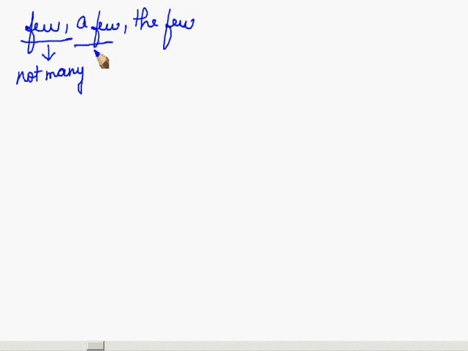Second, a few means some. A few has a positive meaning and is opposed to none. A few Parsis write Gujarati correctly means not many but yes some. A few words spoken in earnest will convince him.